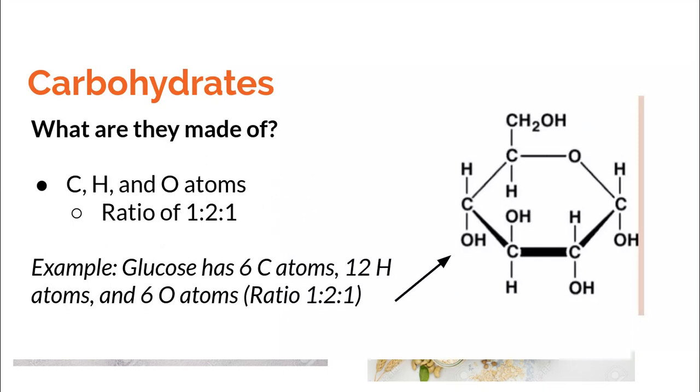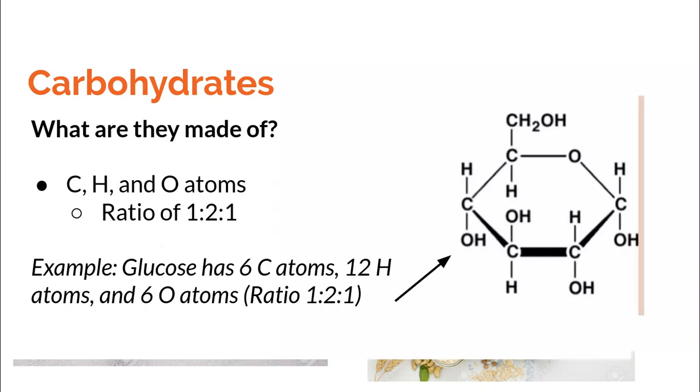What are they made of? Carbohydrates are made of 3 different atoms: carbon, hydrogen, and oxygen. Another important thing to mention here is the ratio. The ratio of carbon to hydrogen to oxygen atoms is always 1 to 2 to 1.